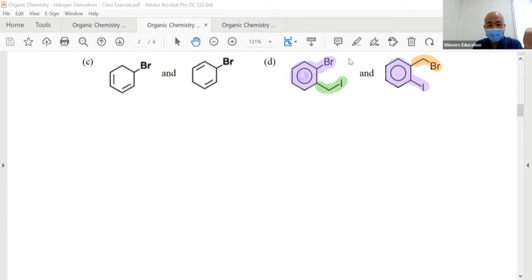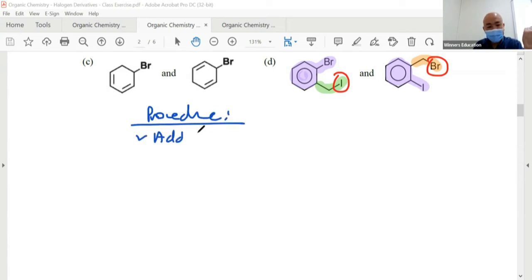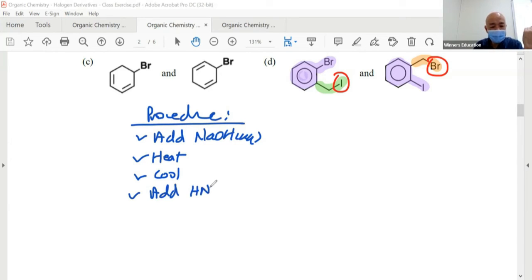Done already. So what we want to do is to get I minus out, Br minus out. If you know the procedure, we're going to do alkaline hydrolysis and test for precipitate. Add NaOH, heat, cool, add nitric acid, add silver nitrate. All these you don't have to copy again, you can copy down later on your own. It's all the same.